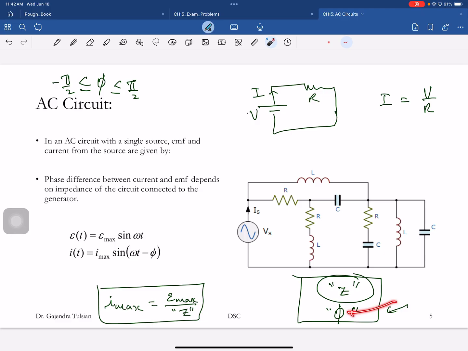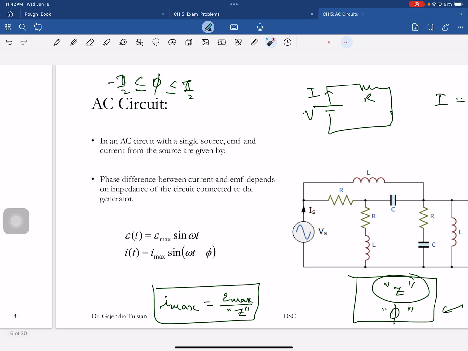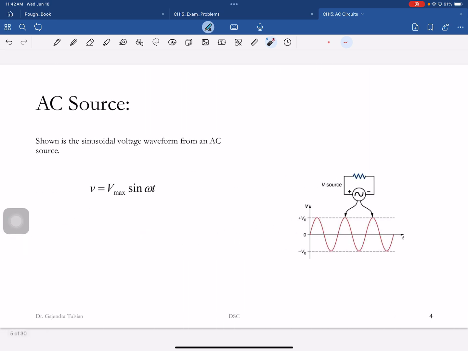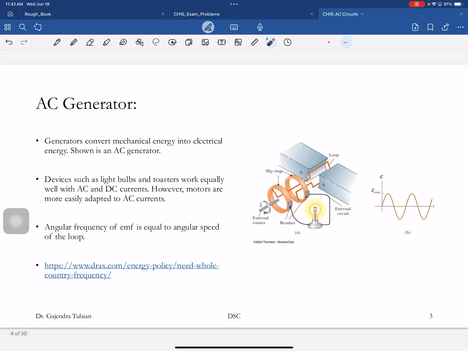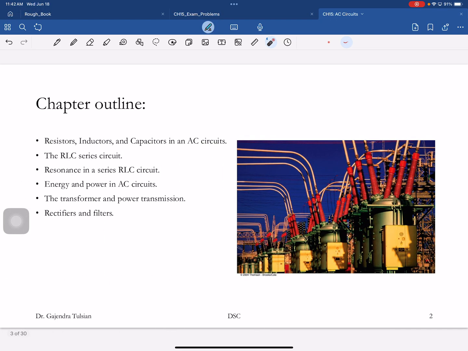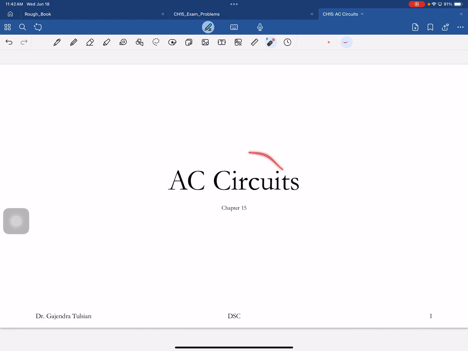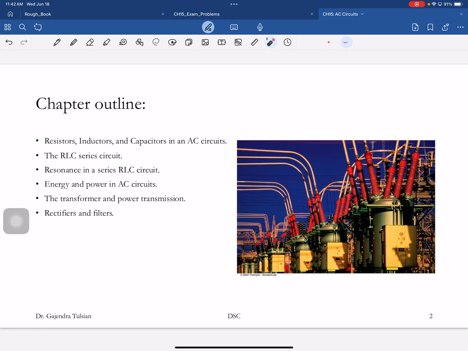And we want to know the power factor of the circuit. We want to know if the circuit is cooking or not. Those are the things we want to know. Do you understand where we are headed? So AC circuits is what we're dealing with.